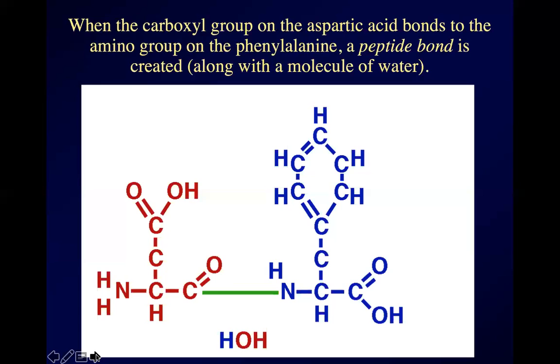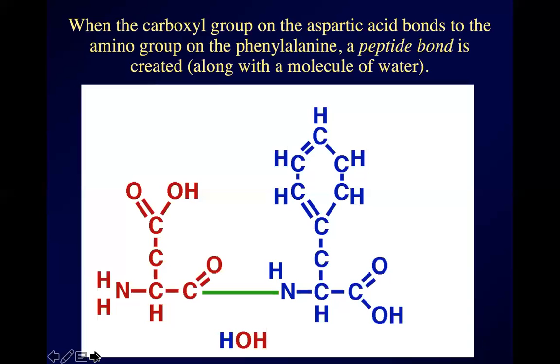And you'll notice if we wanted to, we could bring in a third amino acid on the right and stick its amino to the phenylalanine's carboxyl. And then we could bring in a fourth and a fifth, and we could keep doing this as long as we wanted and make as large a chain as we felt like.